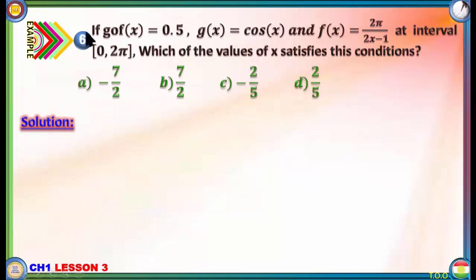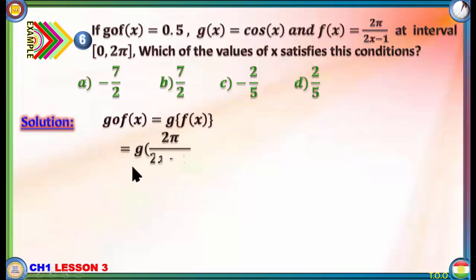Example number 6. If g of x is equal to 0.5 and g(x) equals cosine x and f(x) is equal to 2 pi over 2x minus 1 in the interval 0 to 2 pi, which of the values of x satisfy this condition? g of f(x) equals g of 2 pi over 2x minus 1, by replacing 2 pi over 2x minus 1 in place of f(x), and now replacing it in g(x), it becomes cosine 2 pi over 2x minus 1.